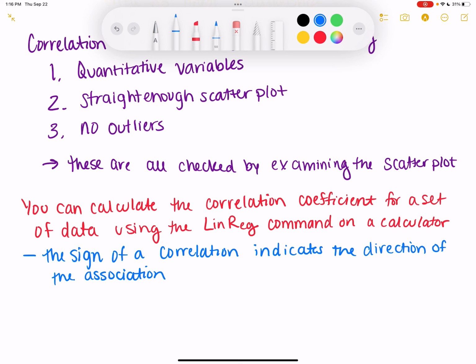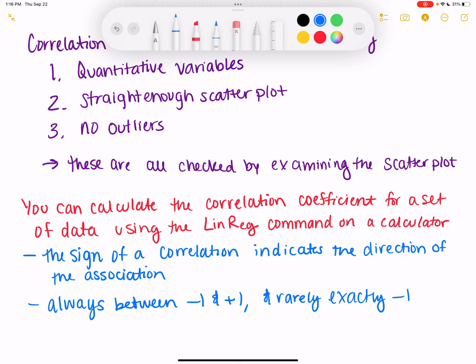It's always between -1 and +1, and it's rarely exactly -1 or +1.